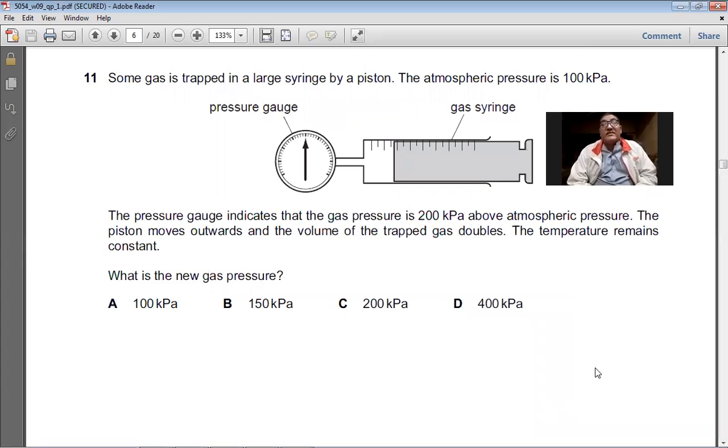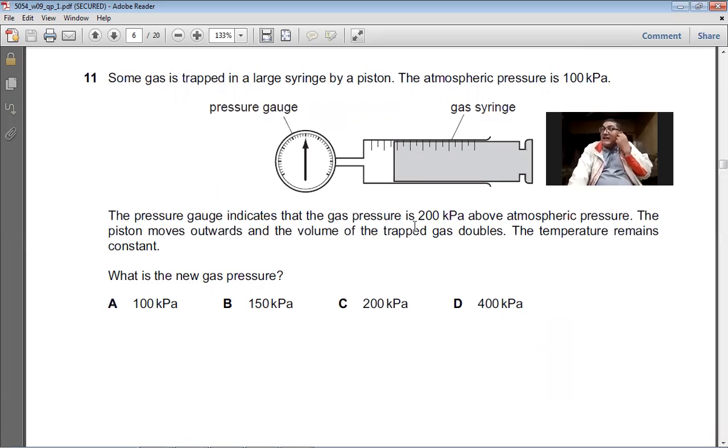The temperature remains constant. What is the new gas pressure? So the pressure of the gas in this position is 200 kilopascal above the atmospheric pressure, and atmospheric pressure is 100 kilopascal. So the total pressure of the gas is basically 100 plus 200, which is 300 kilopascal.